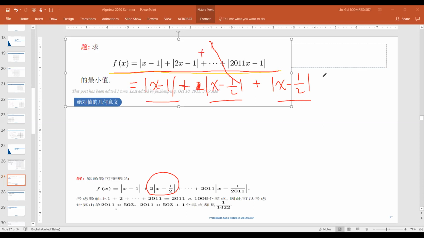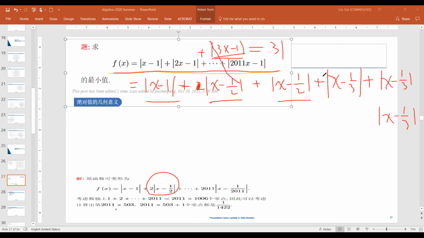So what about another number here? Actually 3x minus 1, right? So 3x minus 1, we can say 3 times x minus 1/3. So x minus 1/3, right? Because this part can transfer into 3 times x minus 1/3.